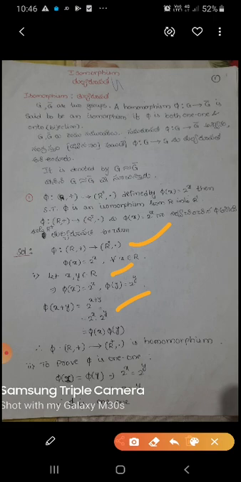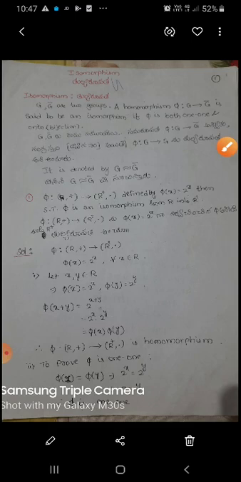Therefore, phi from R, plus to R plus, dot is homomorphism. Next, to prove phi is one-one, phi of x equal to phi of y implies 2 power x equal to 2 power y. If bases are equal, then powers also equal, that implies x equal to y. Therefore, phi is one-one.